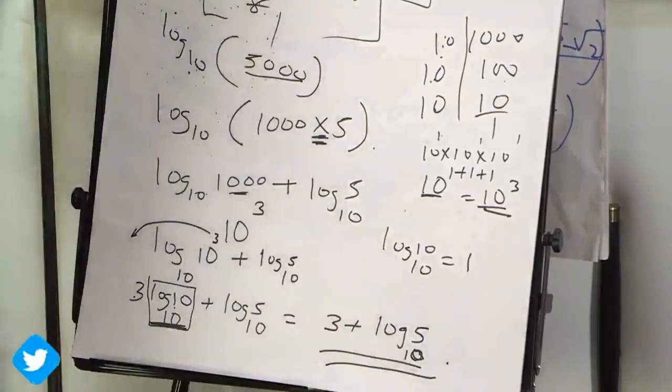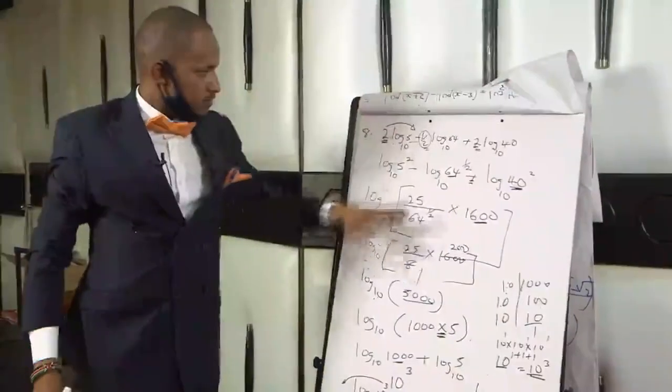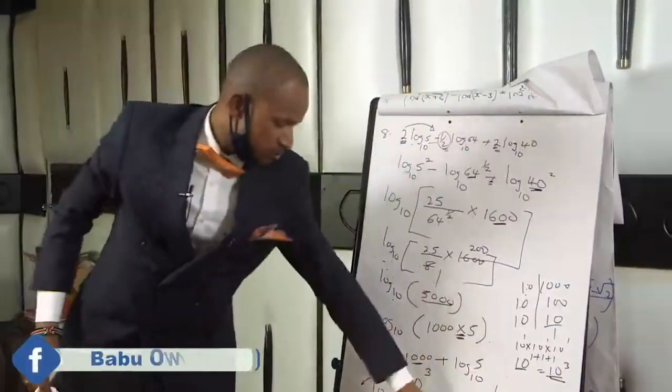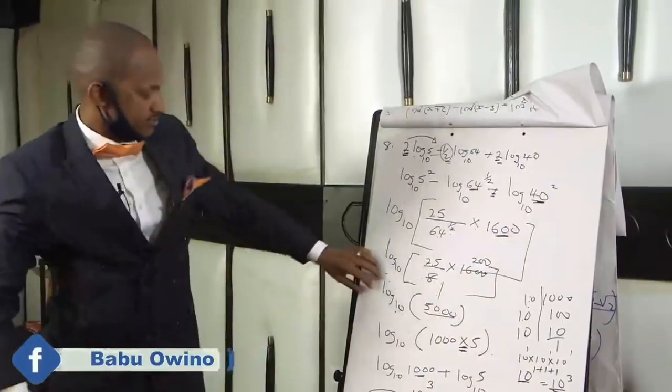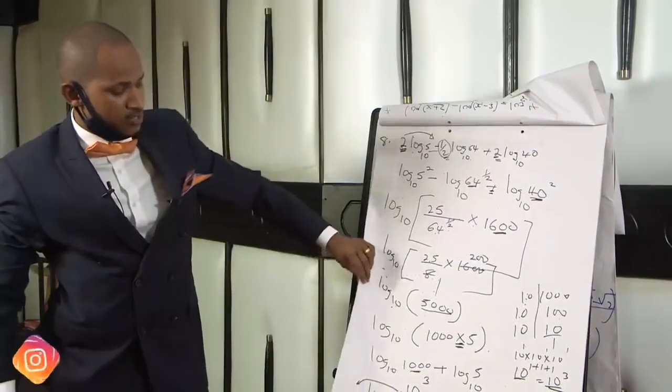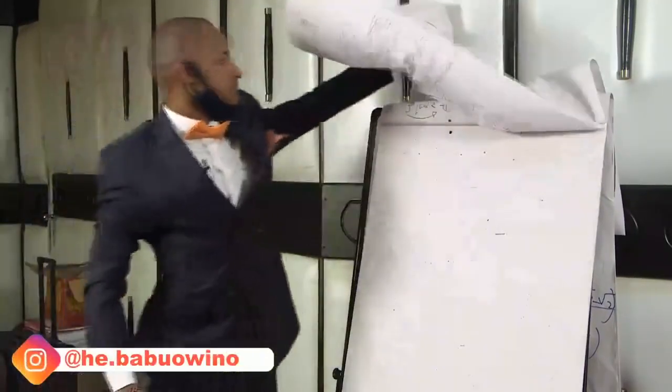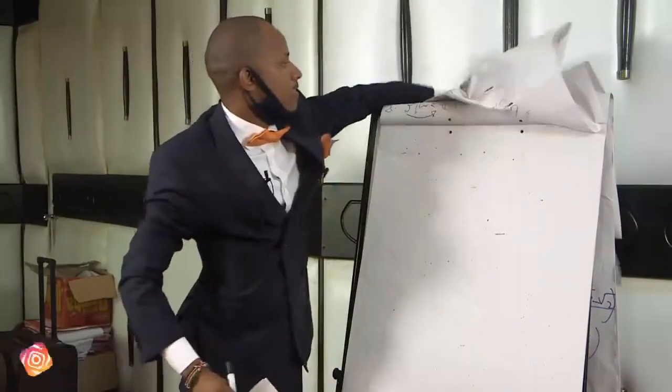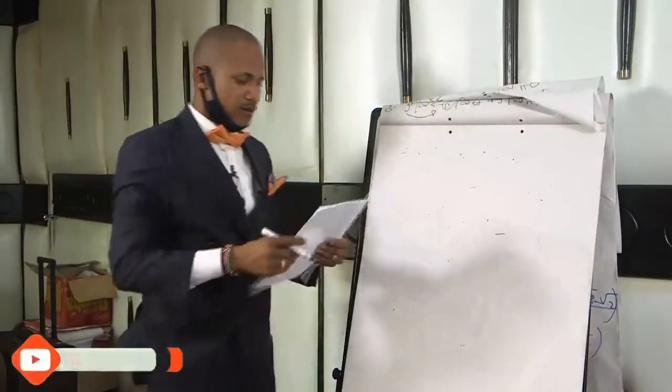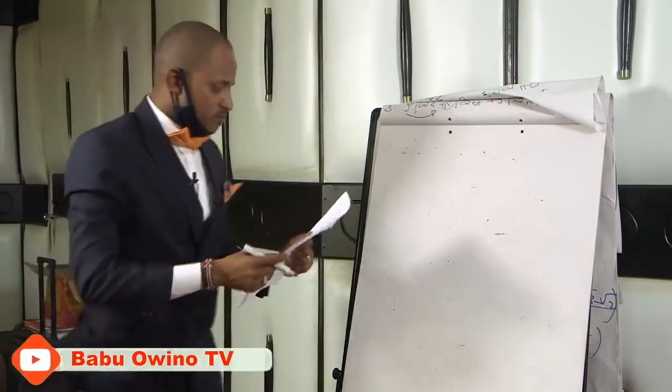That is the simplified form of this equation. So you see the way it was long, and we can just get it as this value: 3 plus log 5 to base 10. We've finished with the logarithms.